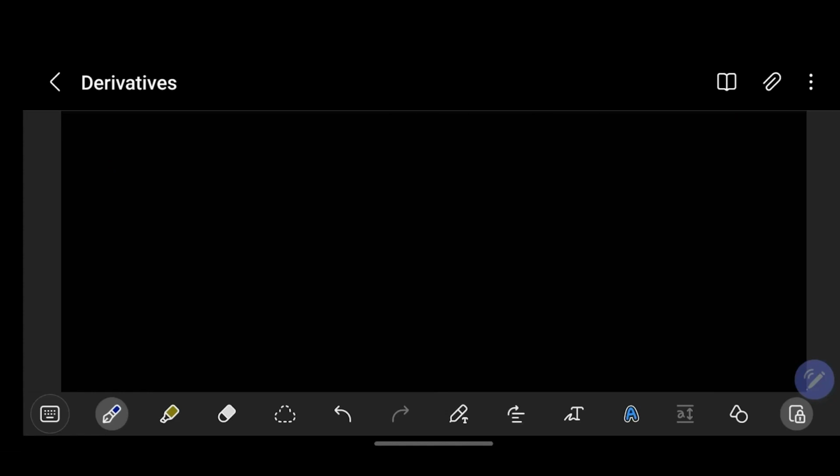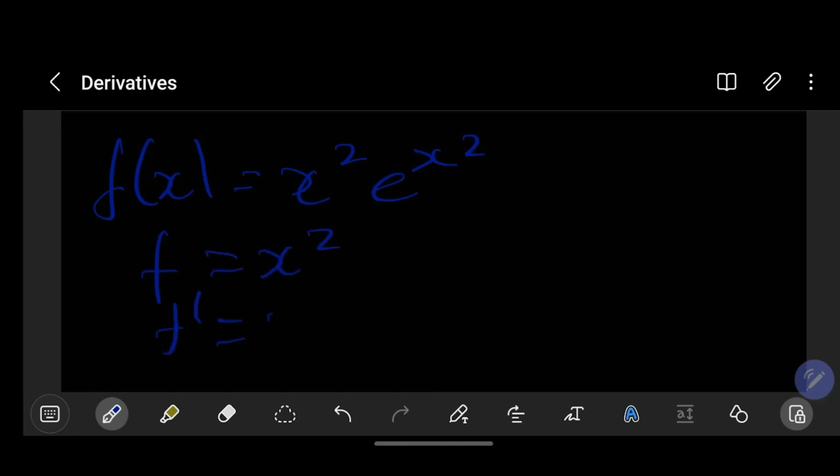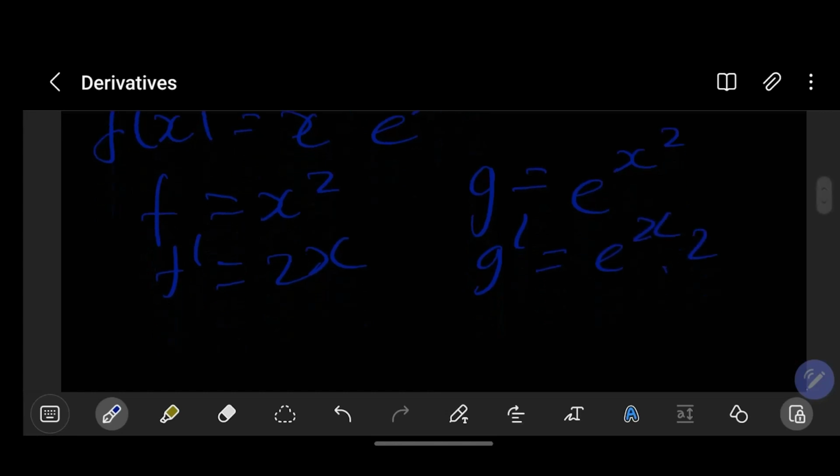Let's look at another example. What if we have f of x is equal to x squared e to the x squared? So once again, we use product rule here. So f is equal to x squared, f prime is equal to 2x, g is equal to e to the x squared, so g prime is equal to e to the x squared multiplied by 2x.